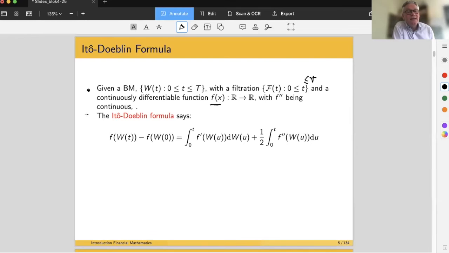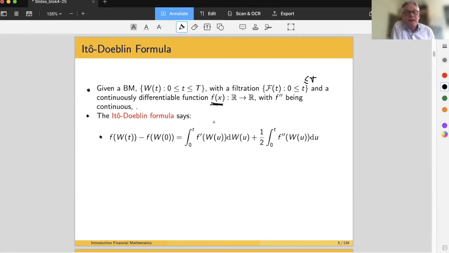Now in this case, the Ito-Doeblin formula tells us that f(W_t) minus f(W_0) is equal to the integral from 0 to t of f prime(W_u) dW_u plus 1/2 the integral from 0 to t of f double prime(W_u) du. So this is the Ito-Doeblin formula in the case of one variable only, the x variable.